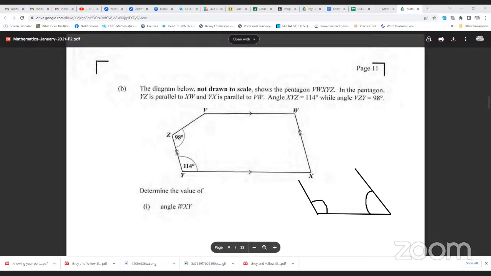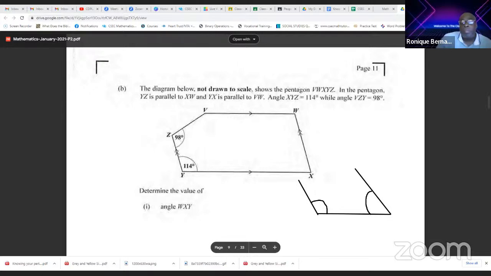No, sir. Measure your angles and make sure you know that this line is parallel to this line.